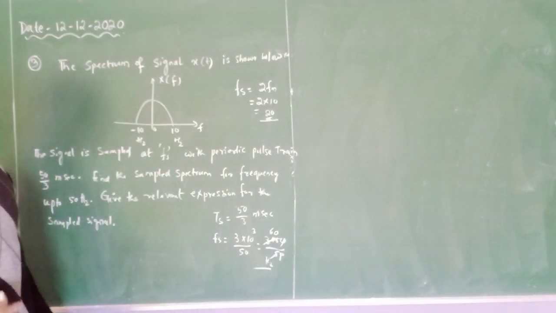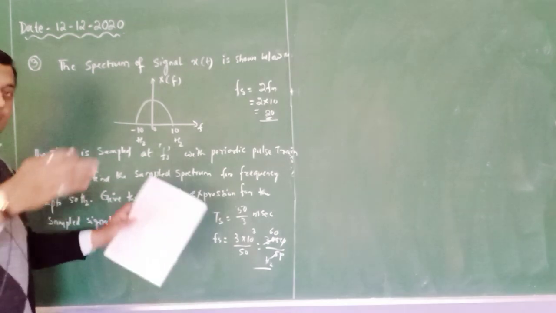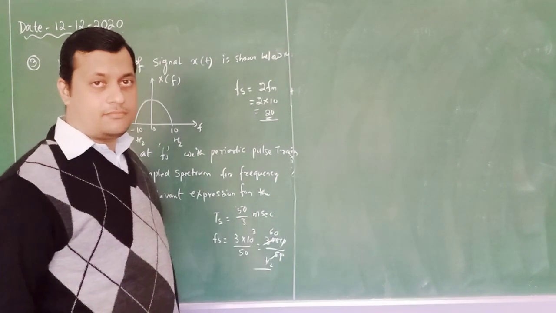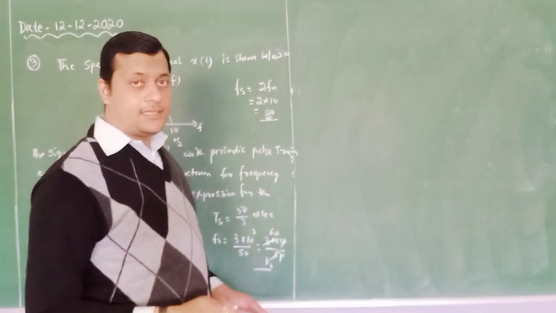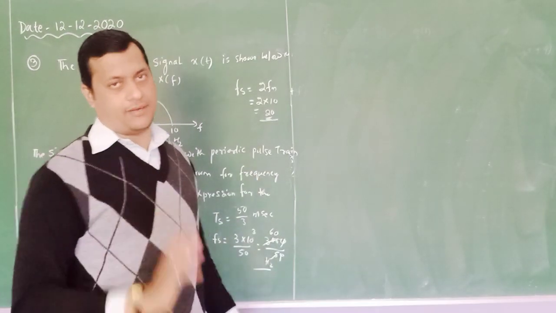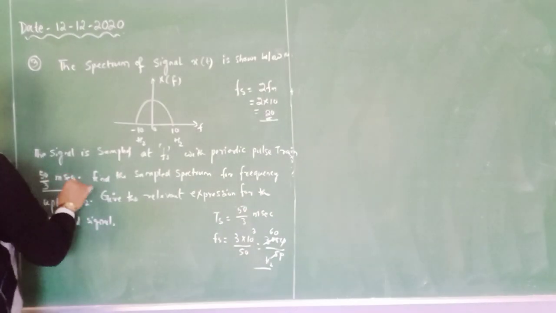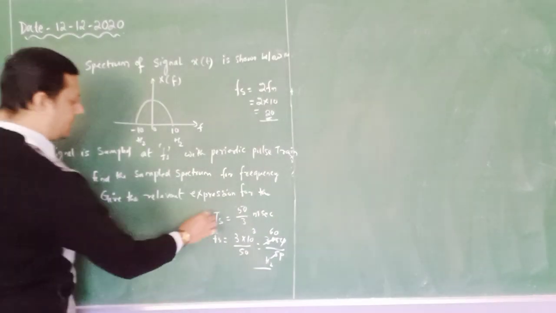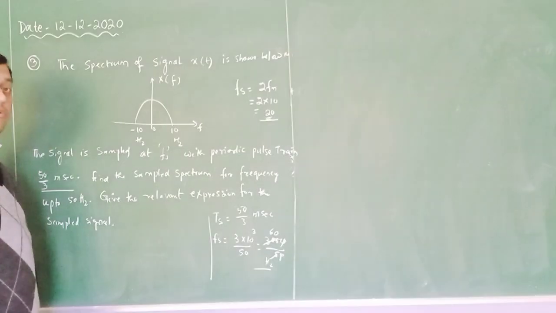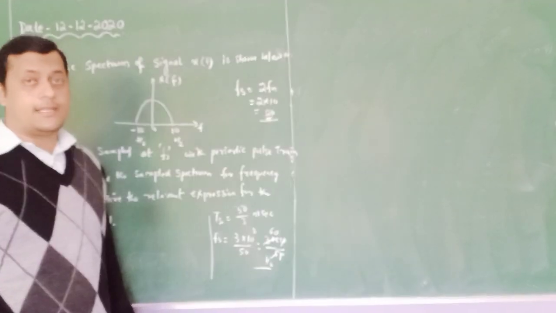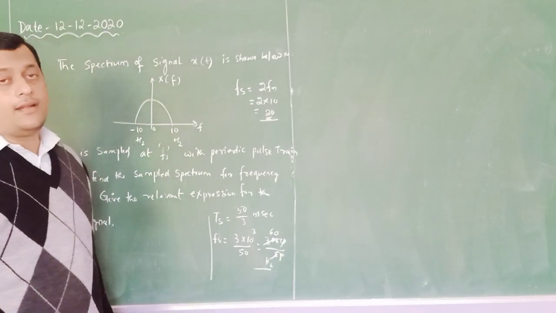That means when I sample it, there will be a spectrum which will come into the picture without aliasing effect. That is the reason we have to check. The millisecond is given, and you need to convert this into sampling frequency. You need to know whether it is greater than the required sampling or less than the required sampling.